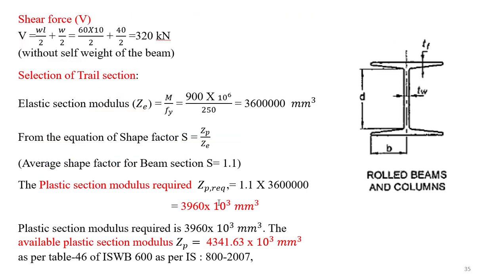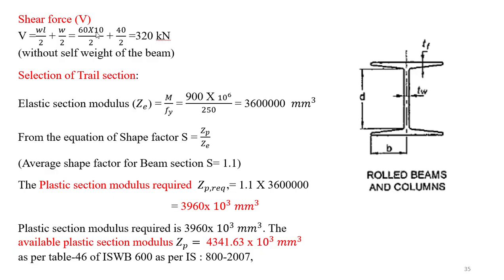After finding the bending moment, the shear force for the simply supported condition is WL by 2 for the UDL, whereas W by 2 is the shear with a point load at center.